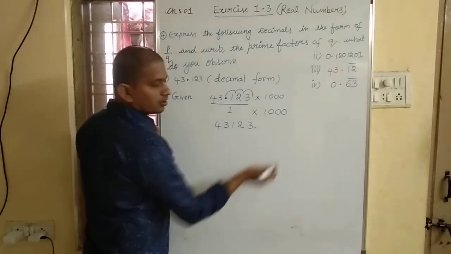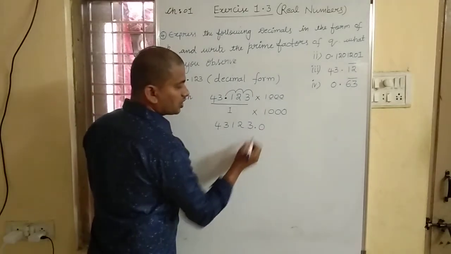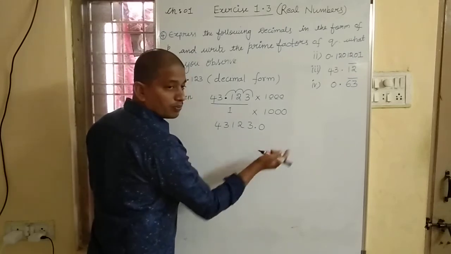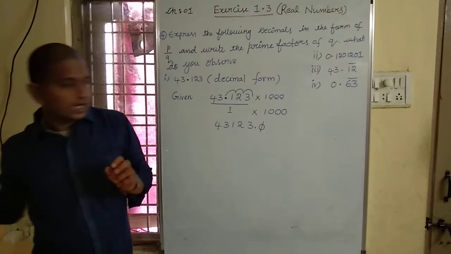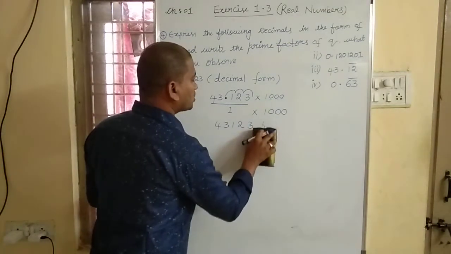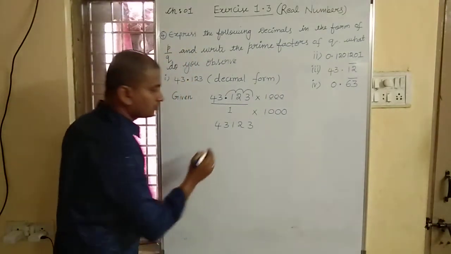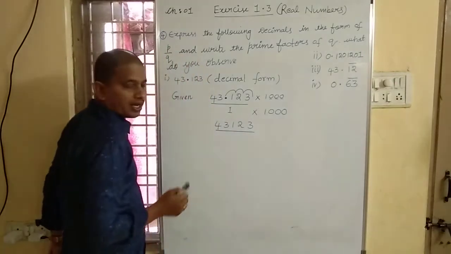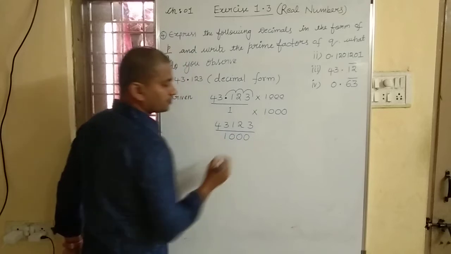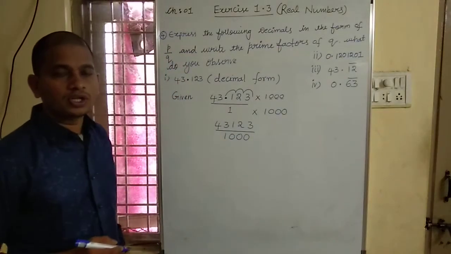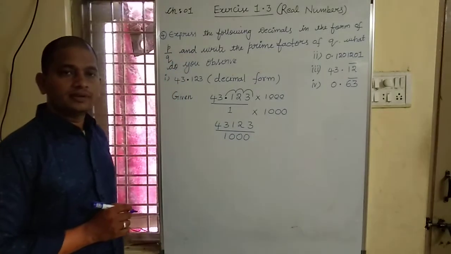After the decimal point we can place 0, and since there is no value after the point, we can cancel it. So it will become 43,123 divided by 1 into 1000, that is 1000.